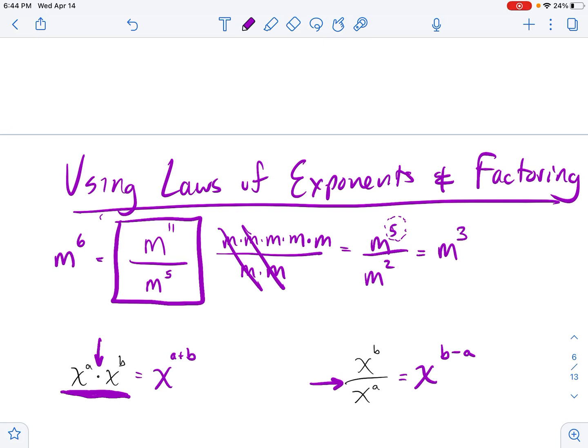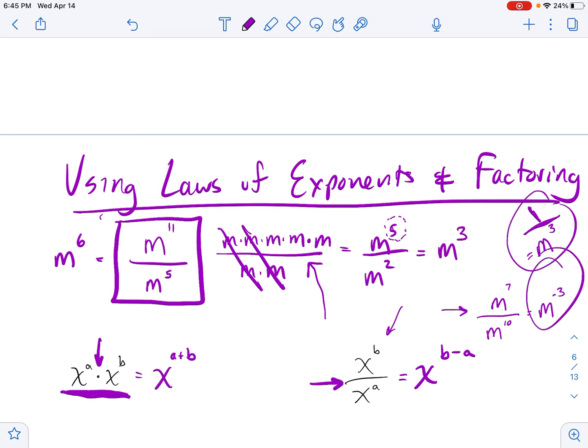Hopefully you're wondering, though, what would happen if you had m to the 7th over m to the 10th? That would be, according to this formula here, m to the -3. And looking at this and using our knowledge and technique up here, don't we really think that m to the 7th over m to the 10th is going to equal 1 over m to the 3rd?